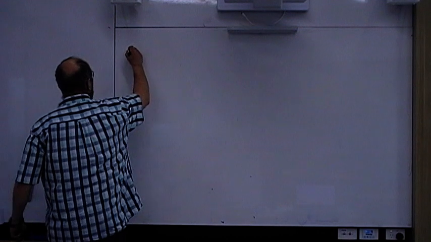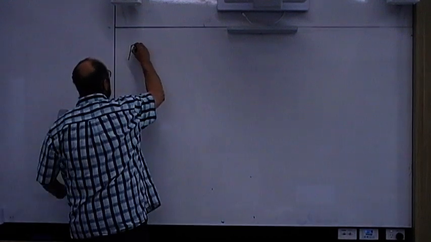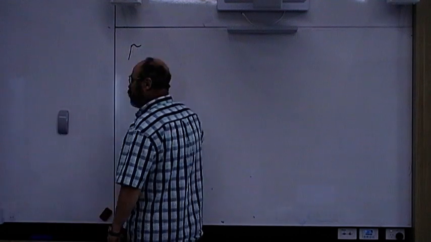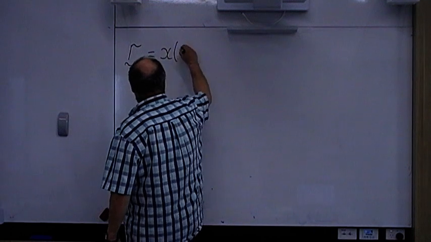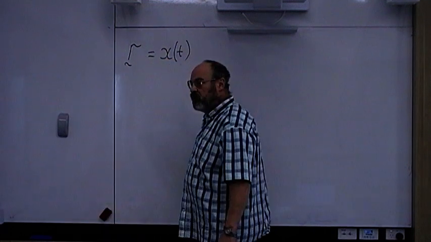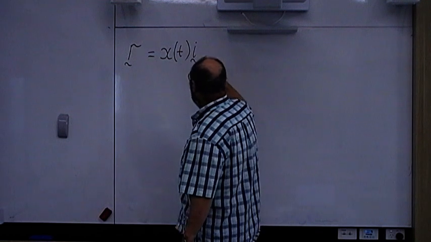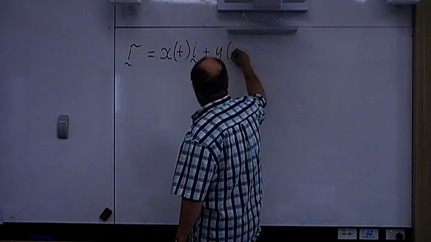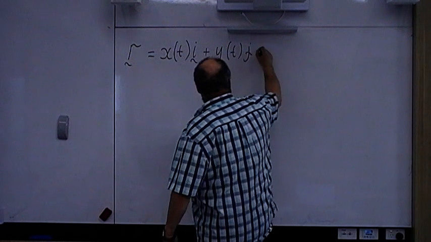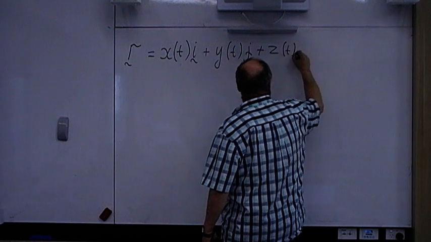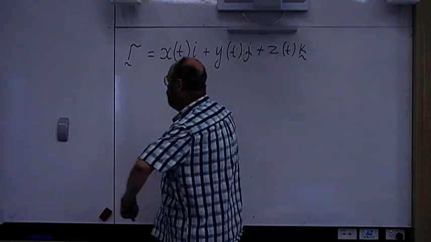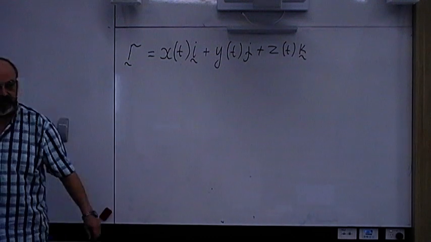So if we have position vector x, or r, the position of some particle we can describe as a vector r, which might be its x coordinate times i plus y coordinate j plus z coordinate k, and they all can be functions over time.